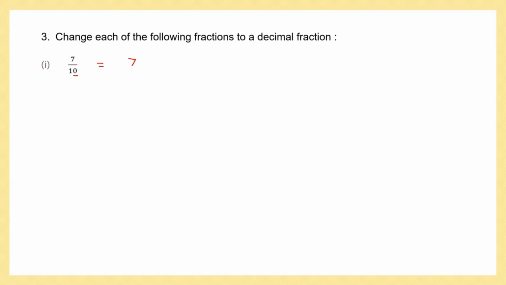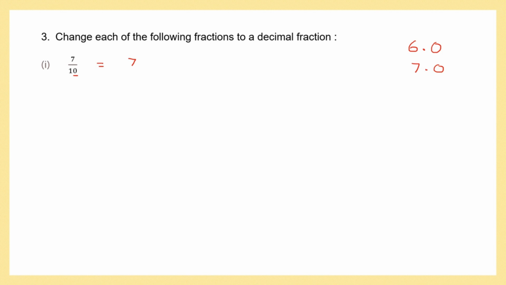For every whole number, suppose I write a whole number here, 6, it's understood that the decimal point is after the number. So this can be written as 6.0. For a whole number 7, the point is understood to be after 7. So it can be written as 7.0.